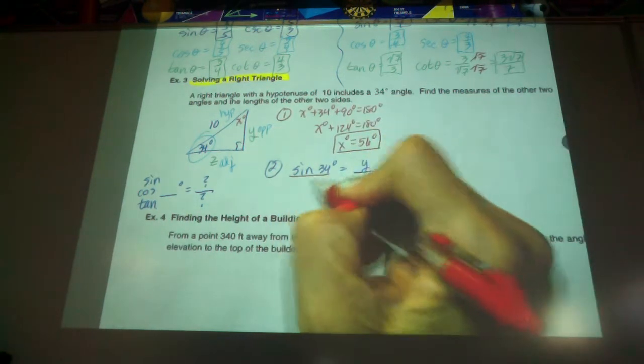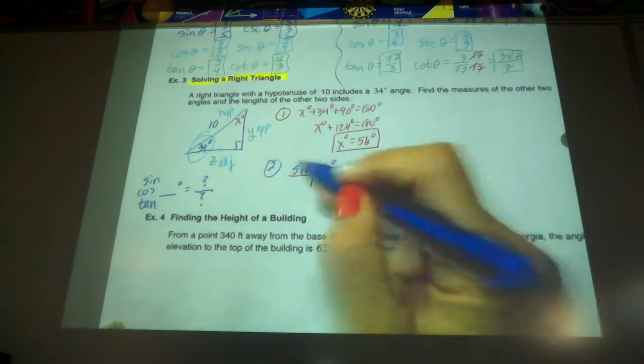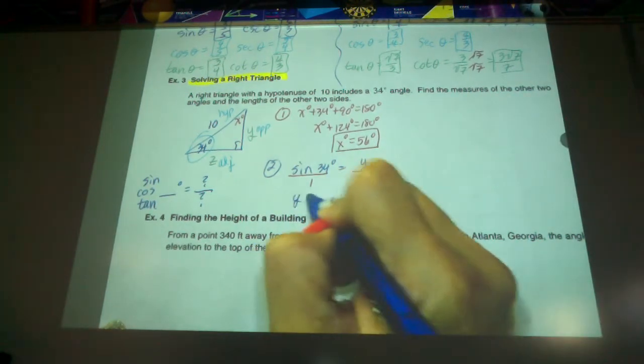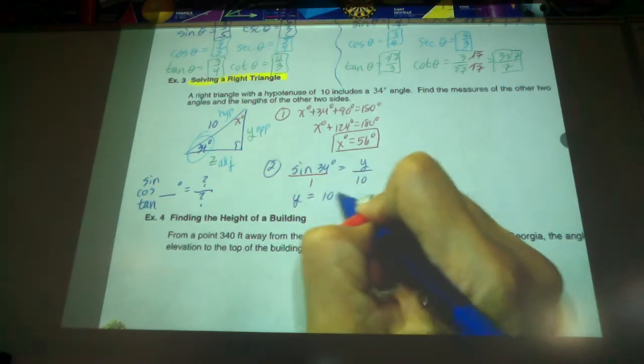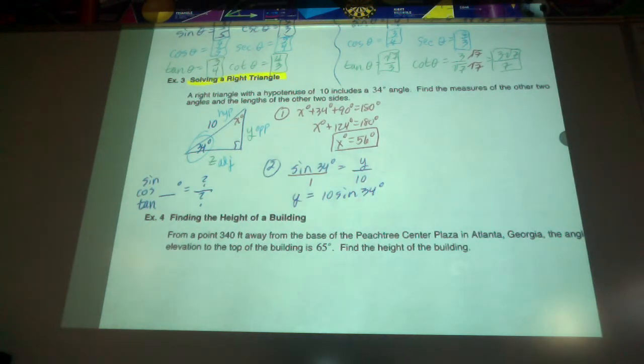Then if I were you, I would turn that into a proportion and cross multiply to solve. So when I cross multiply, I get 1 times y, so y equals 10 times the sine of 34 degrees. Here's where you have to be careful. So write yourself a note.